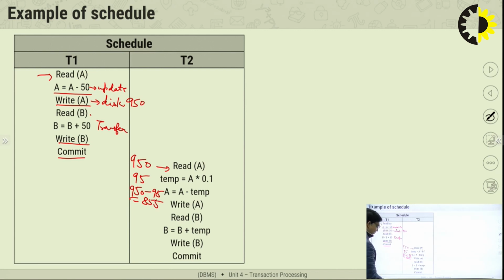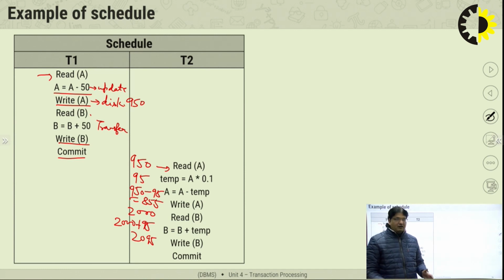Now, this value will be added to the value of B. Suppose the value of B is this one, then the new value of B will be the previous value of B plus the temp value, that is 95. So, 2095 will be the value of B. Thereafter, we will be committing the transaction.